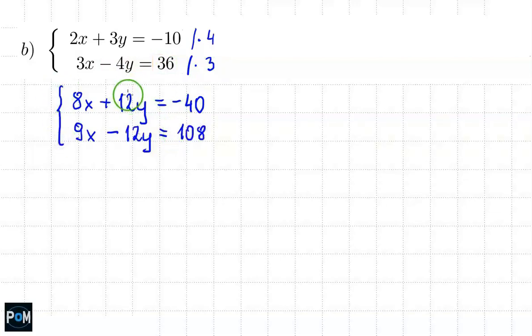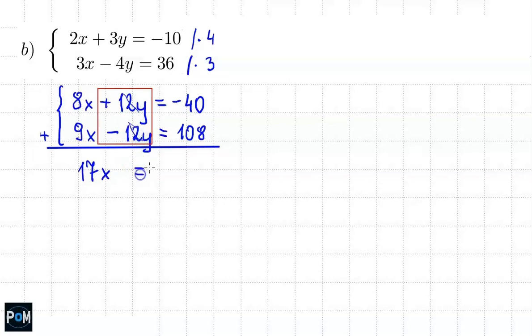And I have opposite coefficients for y. I have positive 12, I have negative 12, so this is the situation I was talking about. I underline everything, and from top to bottom I add the x's with the x's. So 8x and 9x together make 17x. Positive 12y and negative 12y cancel each other out, the y's disappear, and that's exactly what was intended.